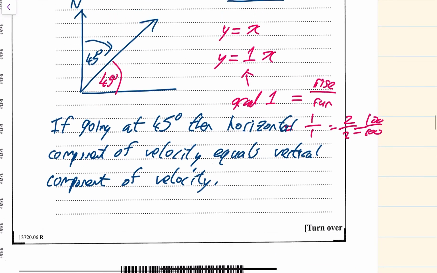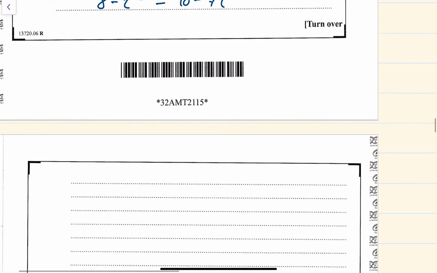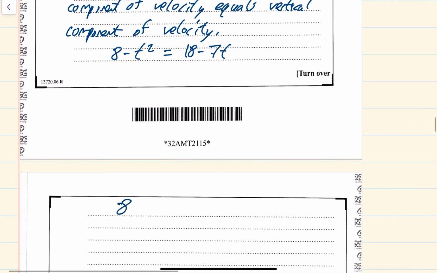So what were my things? I'm clicking back on the book here to look at this. The horizontal component was 8 minus t squared, and the vertical bit, the j part, was 18 minus 7t. Let me write that down here: 8 minus t squared is equal to 18 minus 7t.